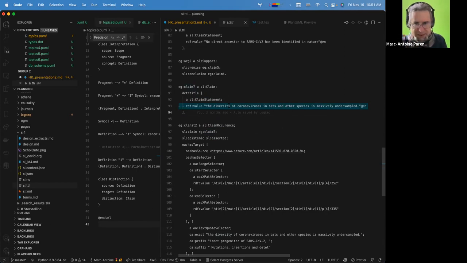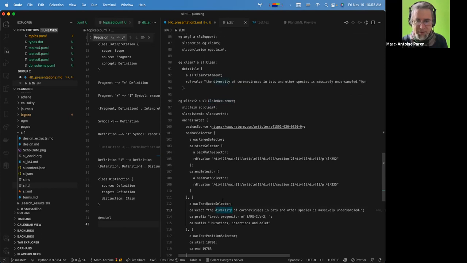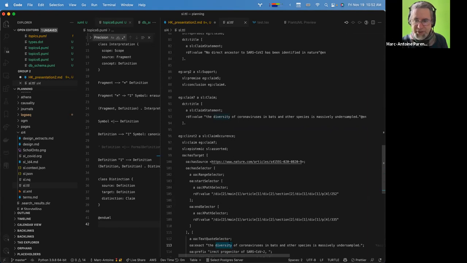And it doesn't matter, as I said, text is a perfectly valid concept description. Here it would be hopefully a standalone claim in CDL parlance. And I'm saying, well, I think this claim occurred in this fragment of text. Here they're identical, but this could have been a more standalone rephrase.